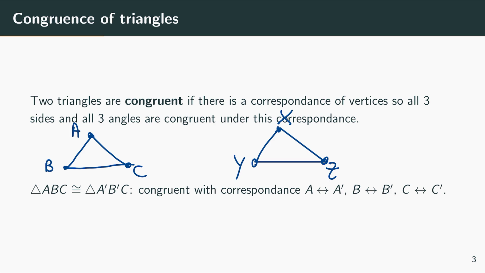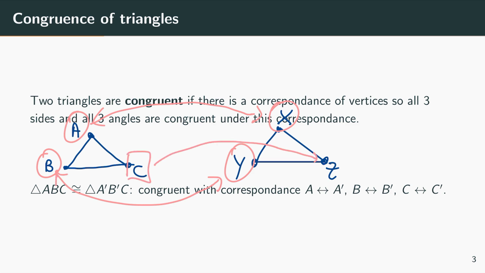part of the data of the congruence is a pairing up of the vertices. I need to say, for instance, that A corresponds with X, and B corresponds with Y, and C corresponds with Z. That's the data that we need to include in our congruence between triangles, because the correspondence is part of how we line up the two triangles.